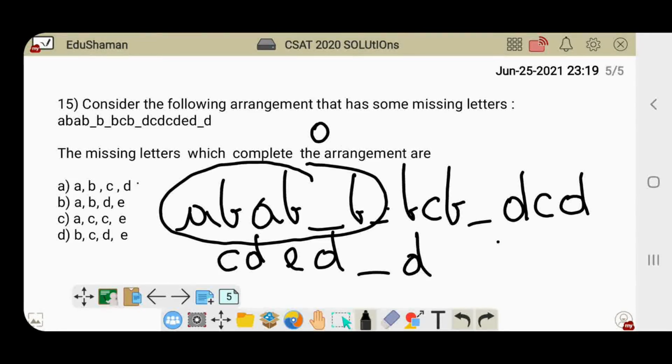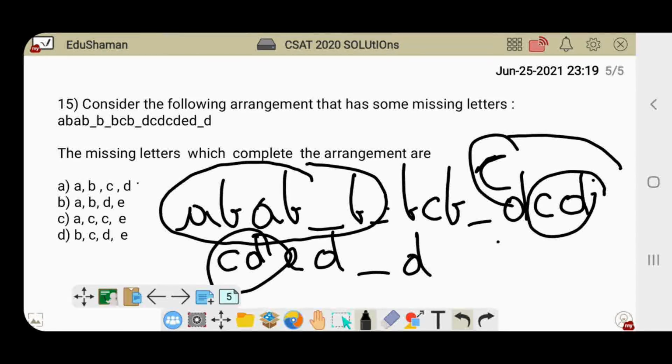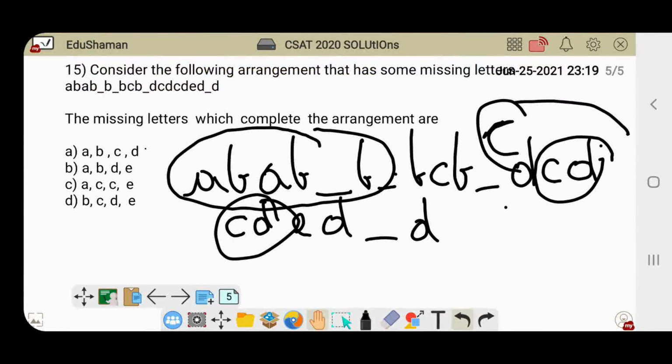I can also see that there is some CD thing going on here. Here CD, again CD. There is some repetitive element. If I put a C over here, then this would be confirmed. So there are two patterns that I have observed, AB and CD.